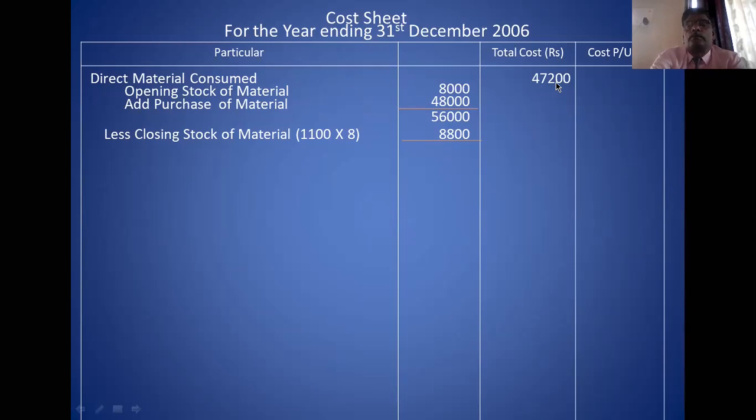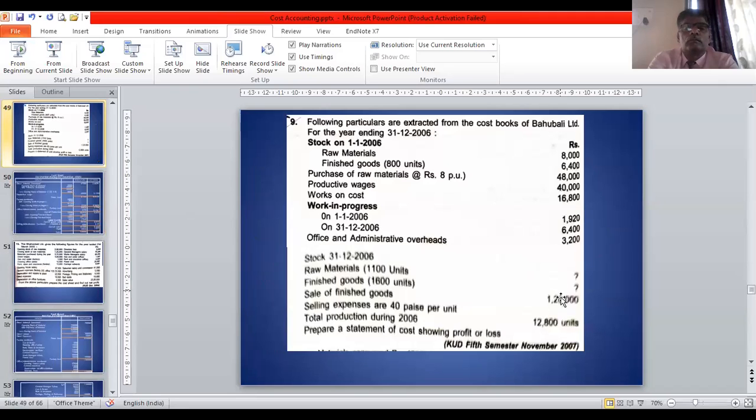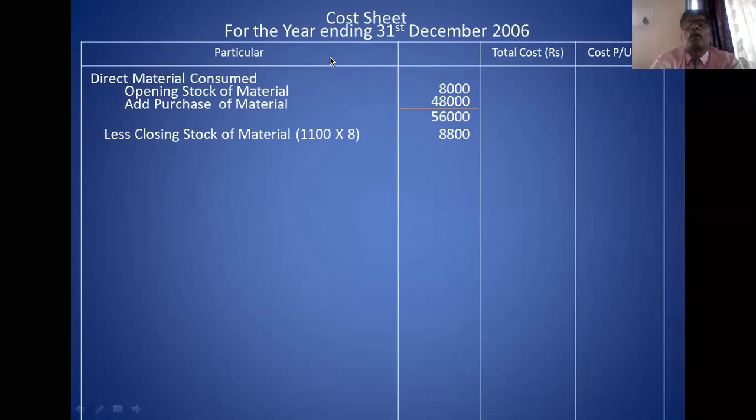Take the total. Balance is 47,200, divided by number of units produced, 12,800, you will get 3.6875 per unit. This is raw material consumed.